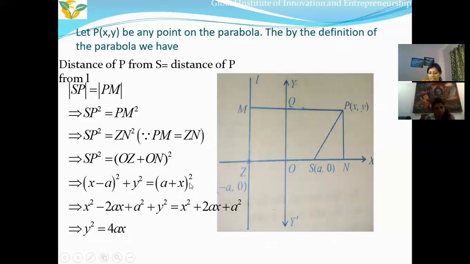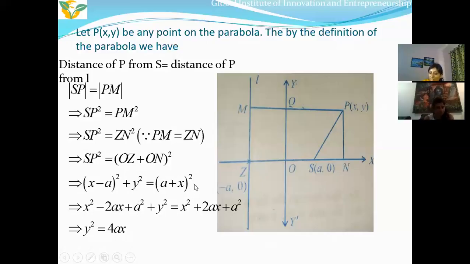So here we can just take the length, which cannot be negative, as a plus this particular value x. ON is what? x. So ON is equal to x, the whole square. Simplifying the equation, a minus b the whole square gives x square minus 2ax plus a square, y square as it is.